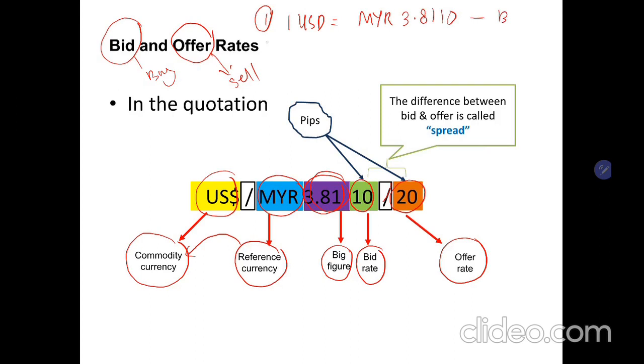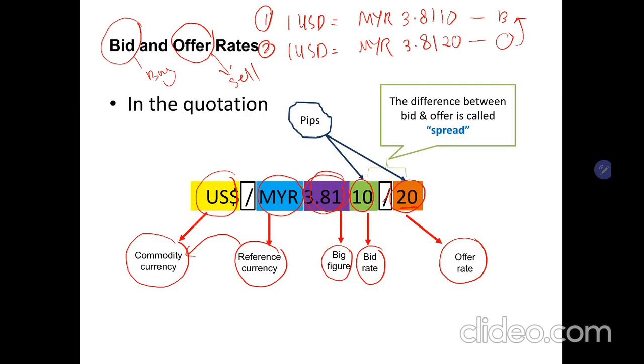While the second, 1 USD is equivalent to MYR 3.8120. Two figures at the back. This is considered the offer price. As you can see, the offer price is always higher than the buying price.